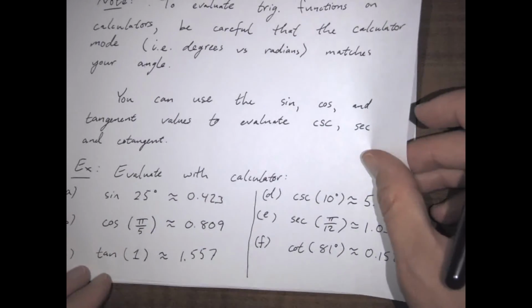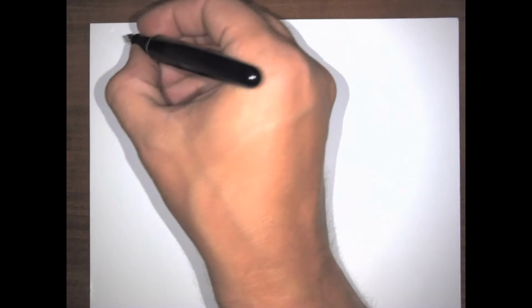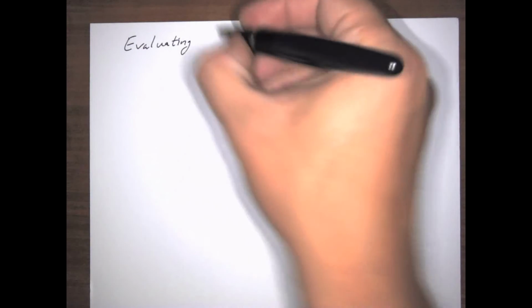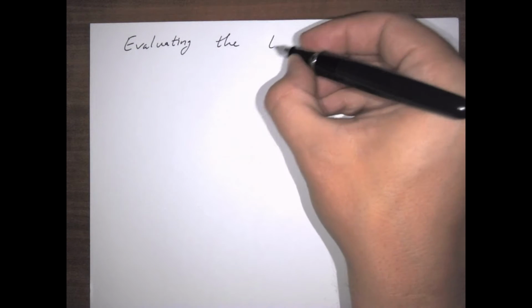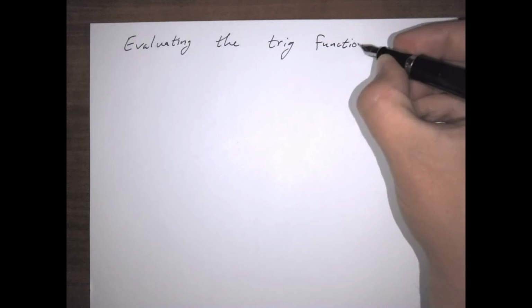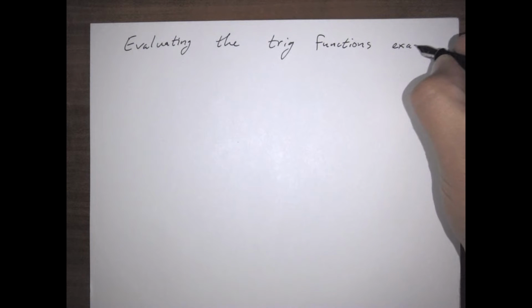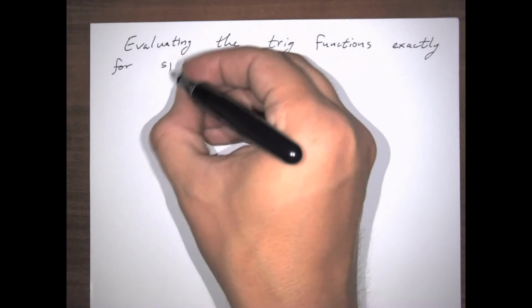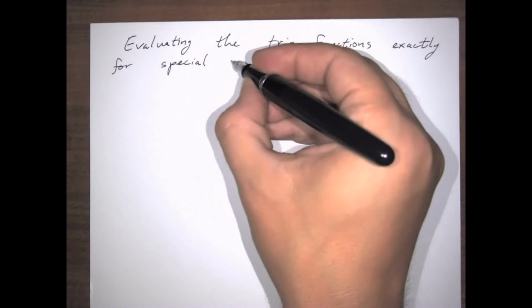It's pretty easy. But for some of the better known angles, we can actually figure out all 6 of the trigonometric functions exactly by hand. So evaluating the trig functions exactly for special angles.